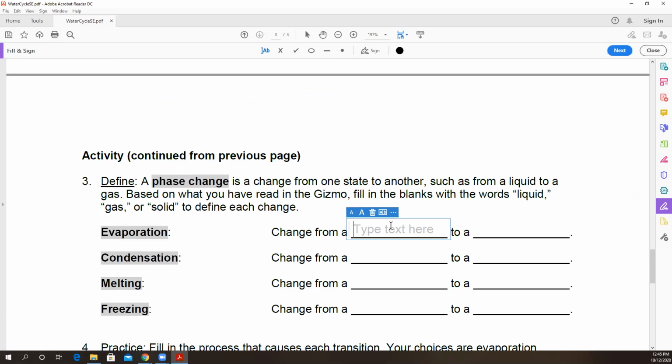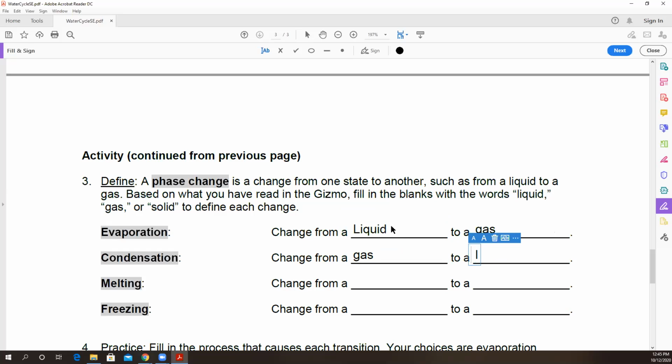Somebody without calling out. We change from a what to a what when we evaporate? Somebody from home. From a liquid to a gas. Yeah. Caleb, what about condensation? From a gas to a liquid.